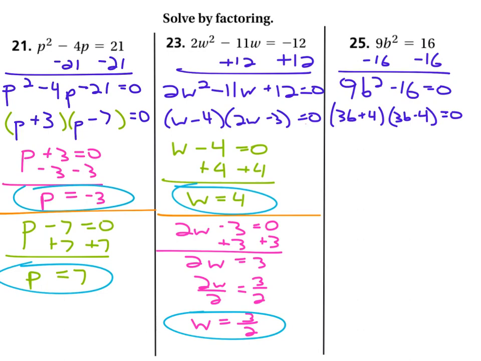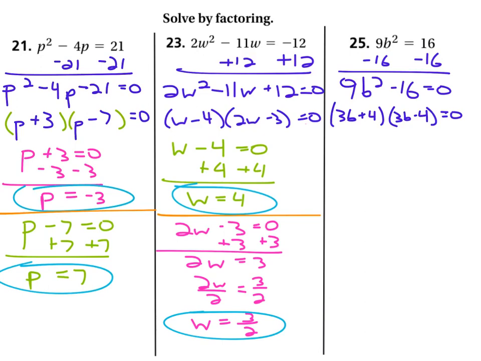And remember why we don't have that middle term, because this will result in 12b when you're doing FOIL. First we'll get you that first term. Outer will get you negative 12b, and inner will get you positive 12b. Negative 12b and positive 12b cancel out. So that's the first term is there. Outer and inner cancel out, and then last, positive 4 times negative 4 is that right there.